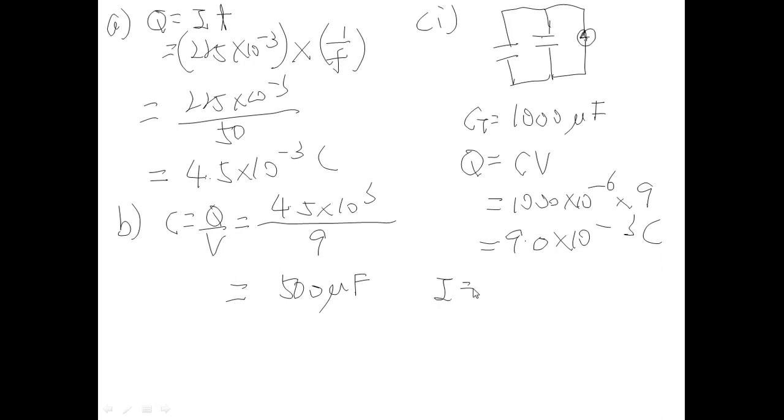The current is very simple, Q over T. So it's 9.0 times 10 to the power negative 3 divided by the time, and the time here is 1 over 50. So I should have around 450 milliamp. So this is part 1.